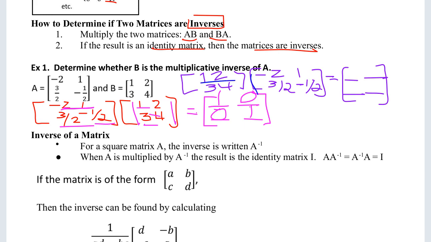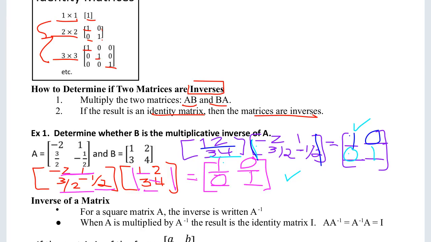So -2 plus 3 is 1. Row 1, 1 times 1 minus 2 over 2 is 1. So that's going to be 0. Then row 2, column 1, -6 plus 6, 0. Then 3 minus 2 is 1. Both of them give us the identity matrix as shown above right here.